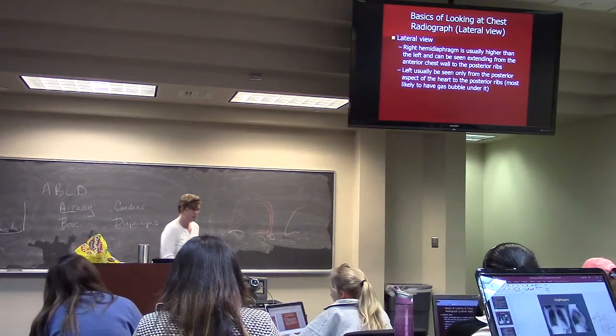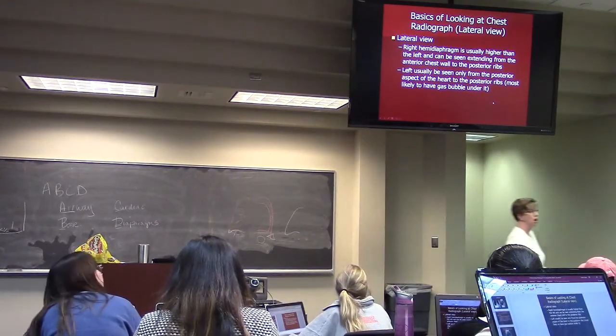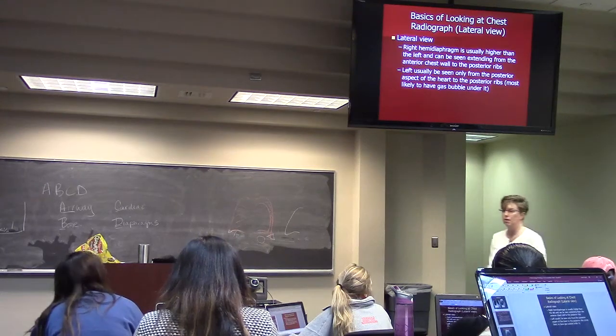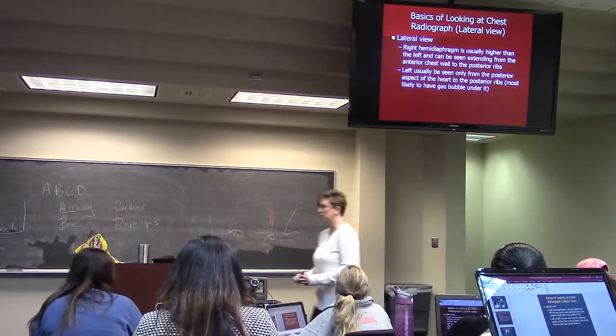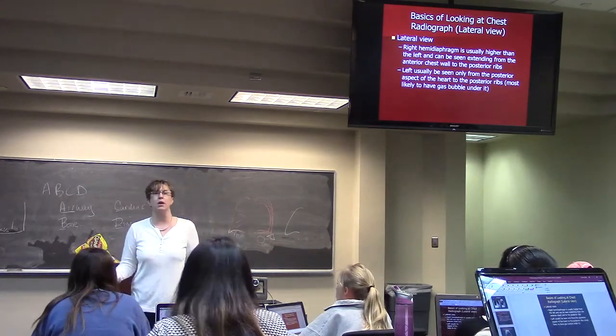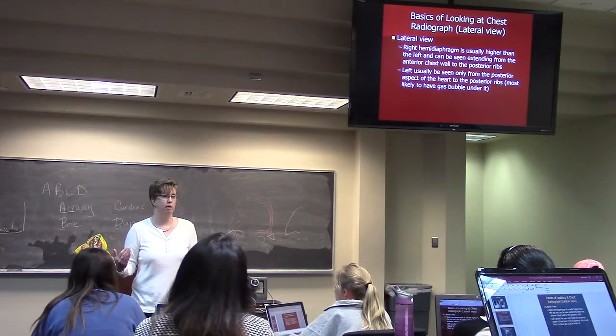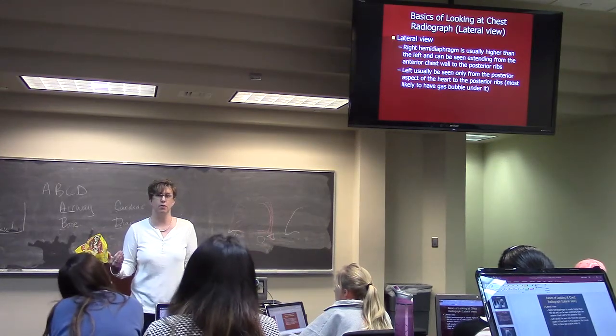All right. You have to have a lateral on your chest x-ray, because I can't tell where anything's at by looking at something straight on. Dr. McNeil will talk about this.